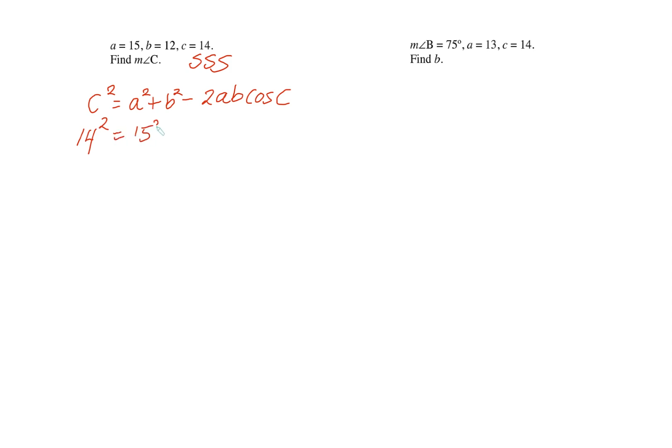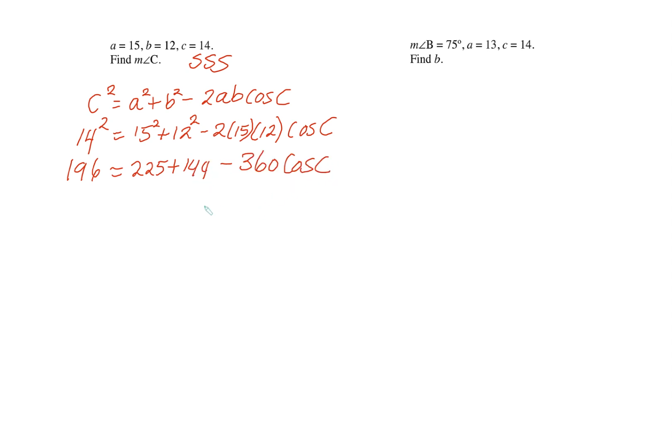A is 15 squared plus B is 12 squared minus 2 times 15 times 12 cos C. 14 squared is 196 equals 225 plus 144 minus 360 cos C. So let's add 225 with 144. That gives me 369 minus 360 cos C.